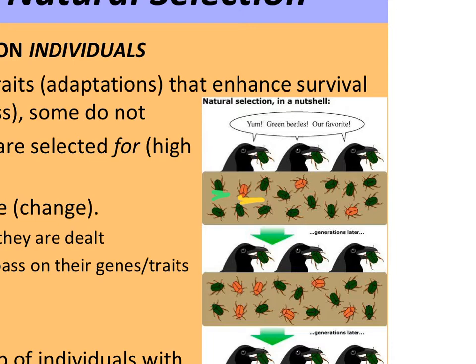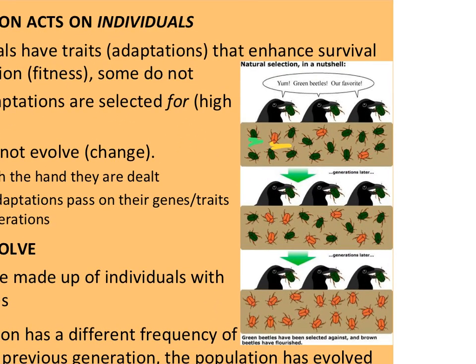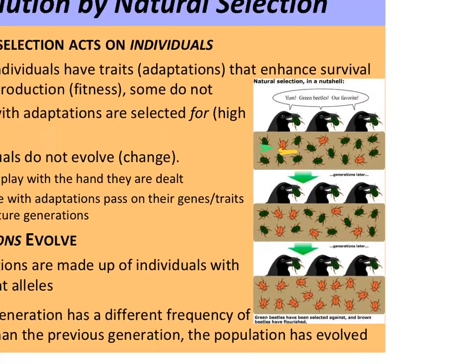Generations later, what's happened? The population is now composed less of green and more of orange. And then even later, because the crows really can't, let's say, see the orange ones, they're camouflaged, the population eventually becomes all orange. And the crows are at a disadvantage, but the beetles are at an advantage because they survive and reproduce.